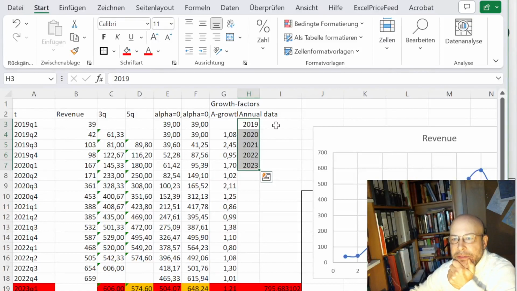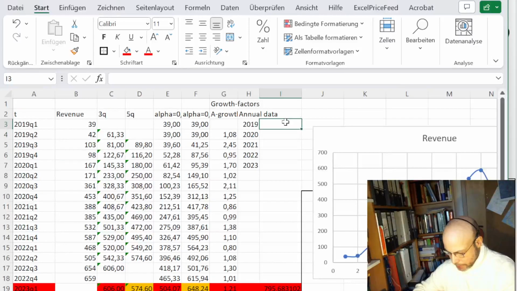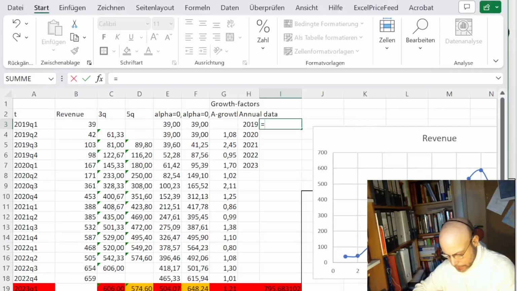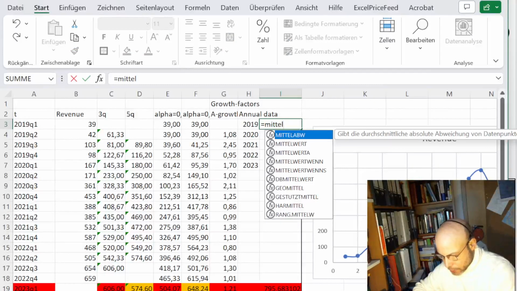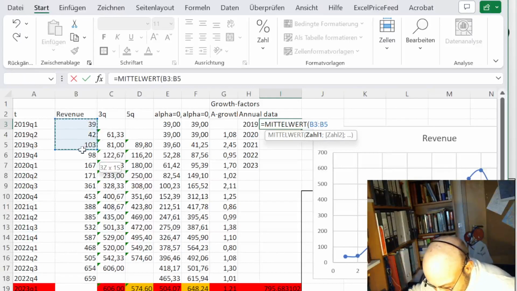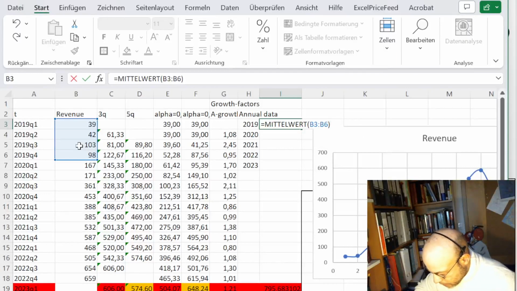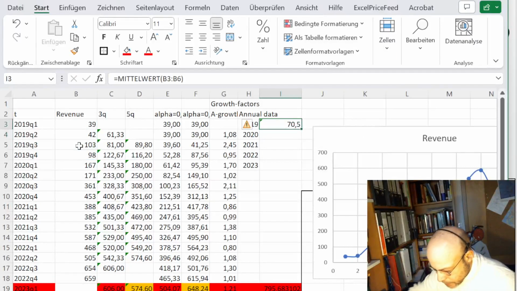And therefore we have to calculate the average revenue for every year. So this will be the average of P3 until P6.